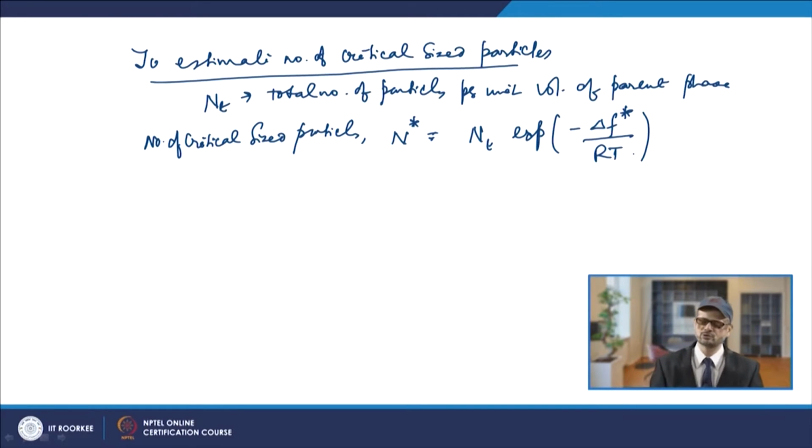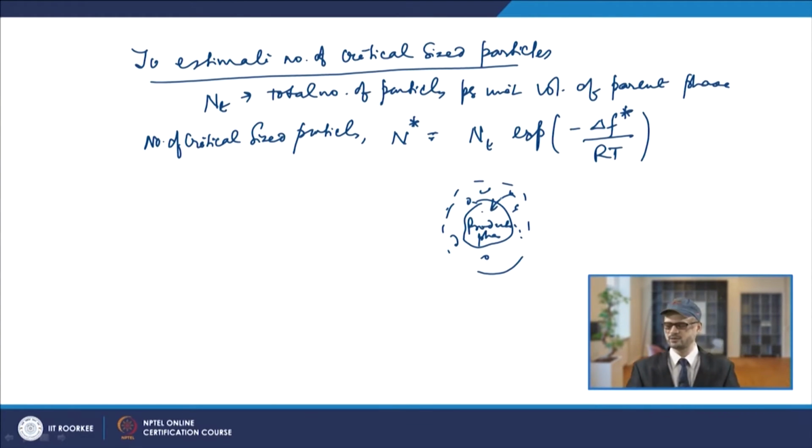So, suppose this is your product phase and this is your parent phase where you have atoms, and an atom has to jump from there to make it supercritical. So, suppose you have S star atoms which are facing that interface, and if one of these S star atoms jumps into the product phase, then it is said to be nucleated.